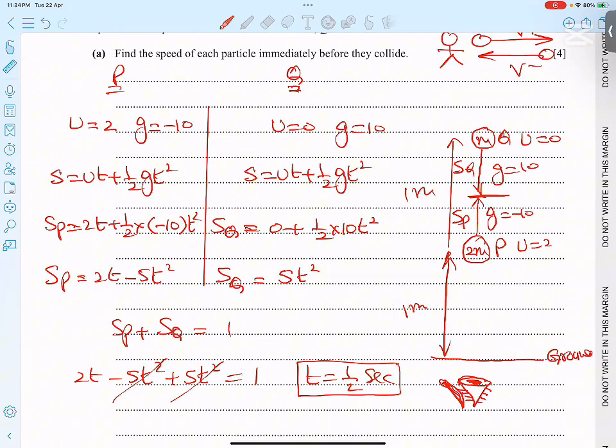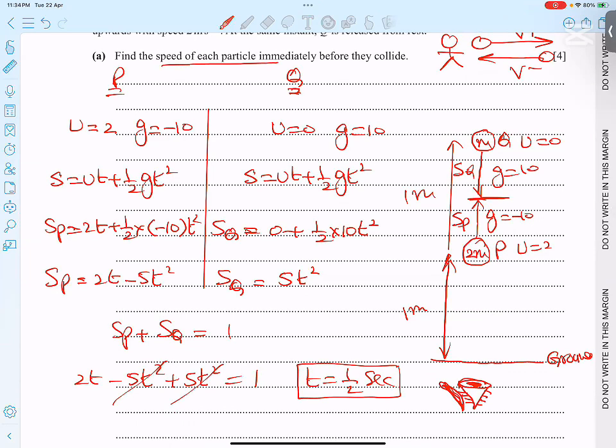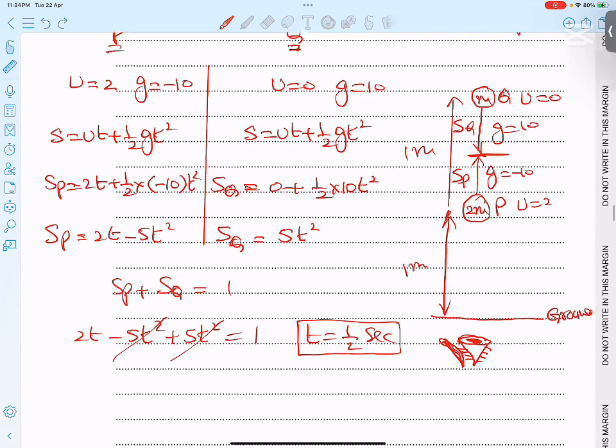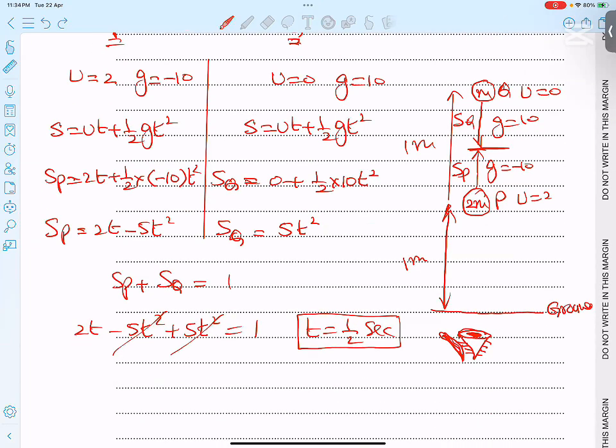And now the interesting part: he is asking for the speed of the particles just before collision. So we have the data mentioned, and I will find V for both particles. For P, V is equal to U plus GT, and for Q, again V is equal to U plus GT.